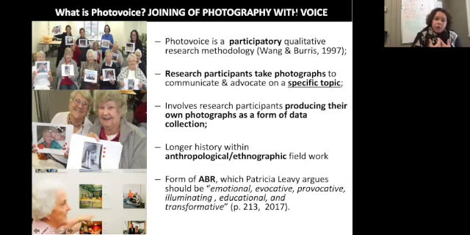Okay, and it's very collaborative and participatory, so it involves research participants producing their own photographs as a form of data collection. It is, as Patricia Levy argues, a form of arts-based research, or ABR. It is emotional, evocative, provocative, illuminating, educational, and transformative.